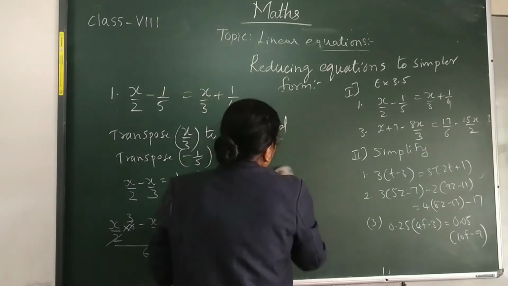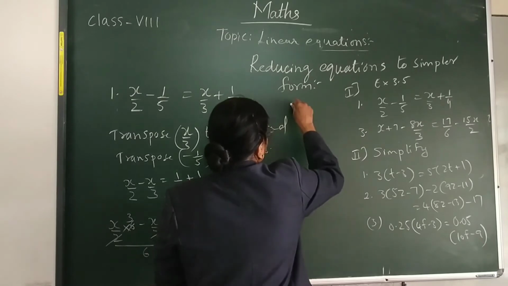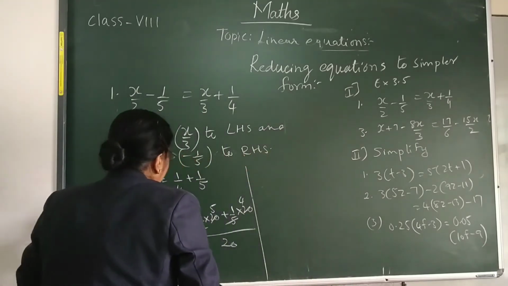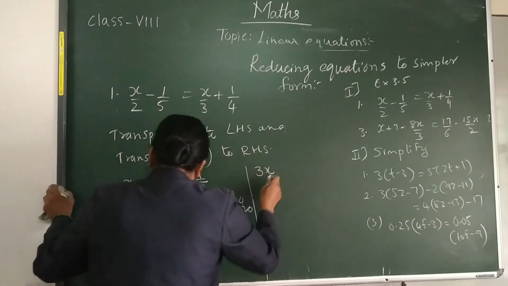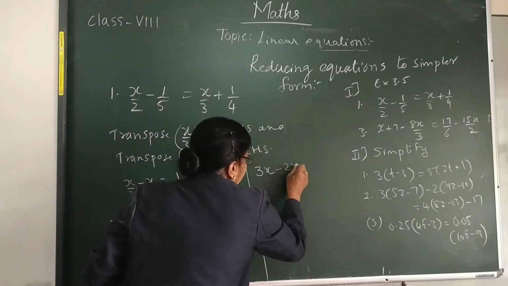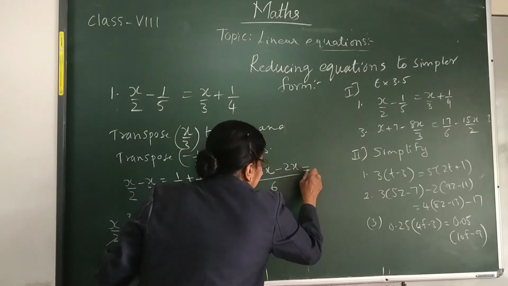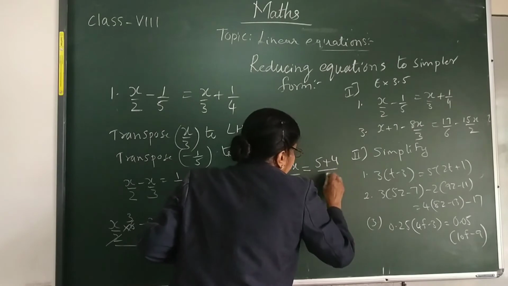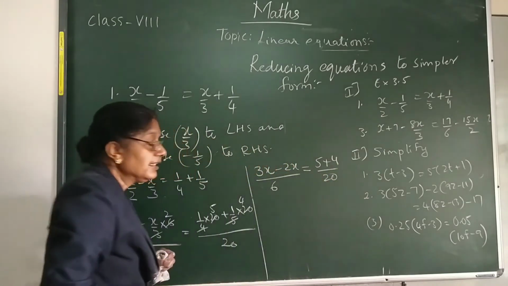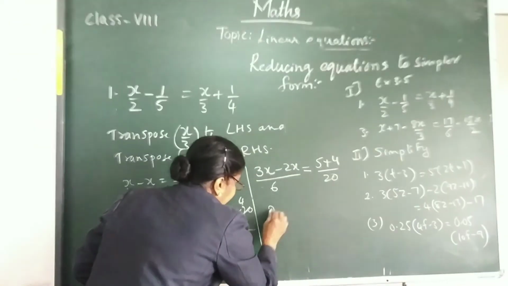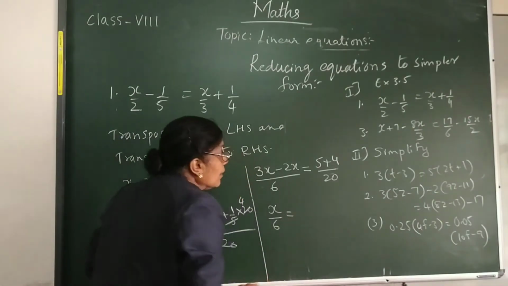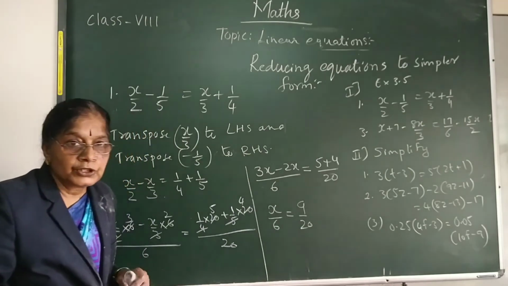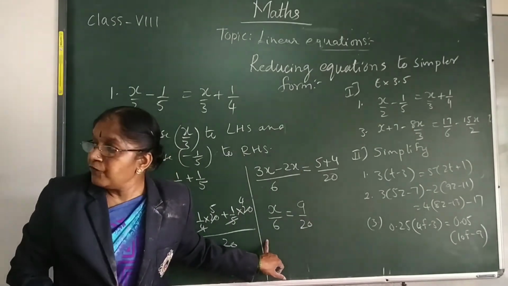So what shall we get? x into 3, that is 3x, minus 2x divided by 6 is equal to 5 plus 4 divided by 20. 3x minus 2x is what? x by 6 is equal to 5 plus 4 is what? 9 by 20. So here we want the value of x.